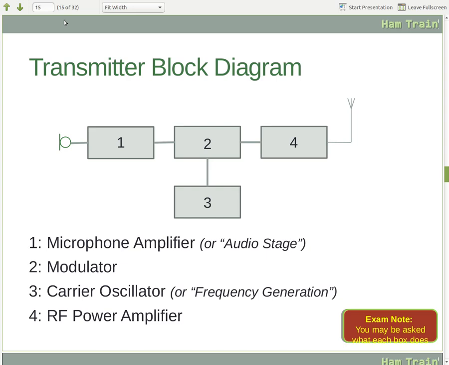That then passes to box number 4, which is the radio frequency power amplifier, which will take that small modulated signal that we've produced and magnify it dramatically to send out over the aerial and through the air. On the diagram on the right hand side, you'll notice that crow's foot symbol which represents the antenna.